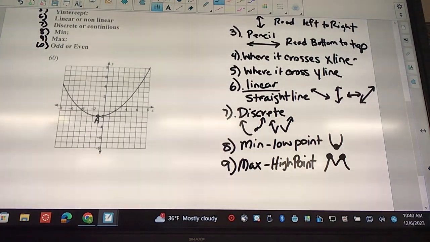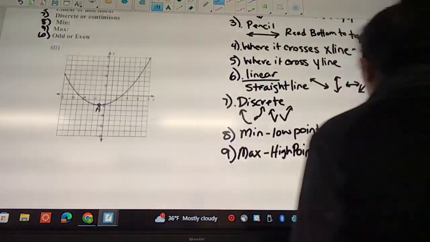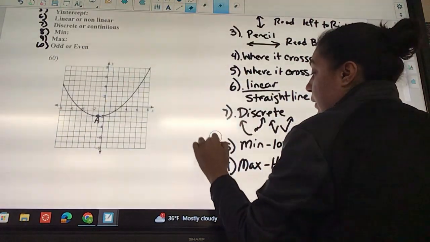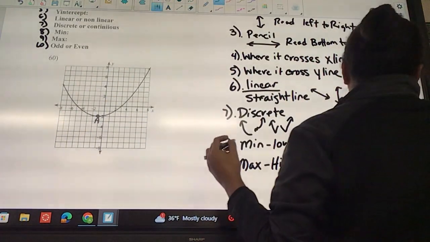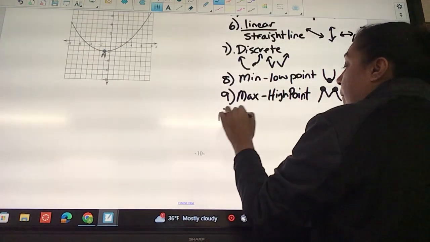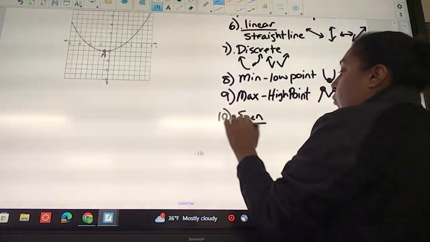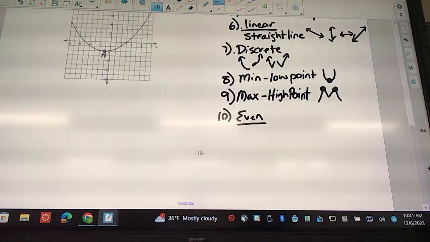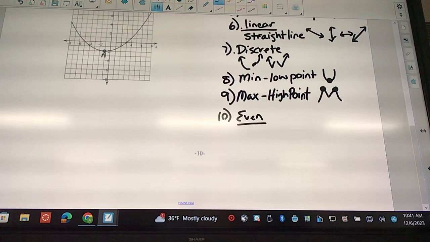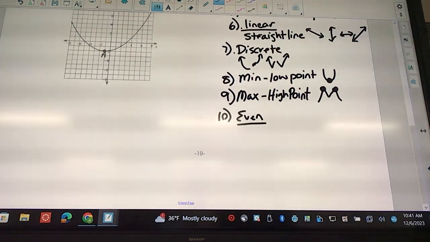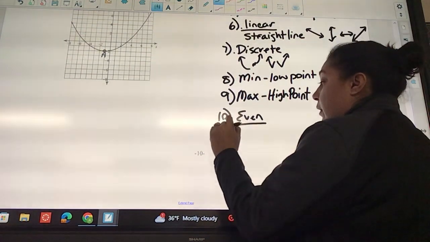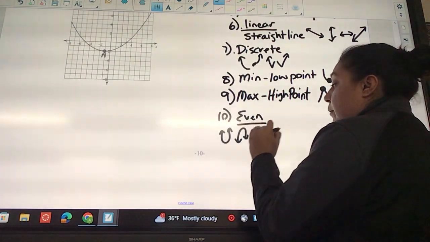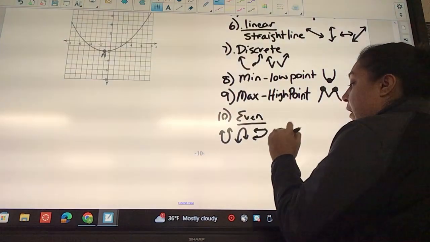And then last but not least, odd or even? Okay, we'll start with even. What do evens look like? Show me, use your hands. Both going this way, both going this way. There are 4 options for even. Even is going to look both up, both down, both left, or both right.